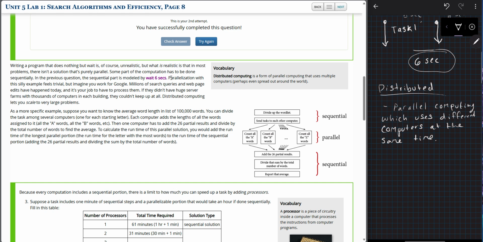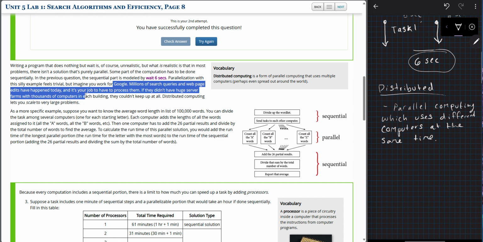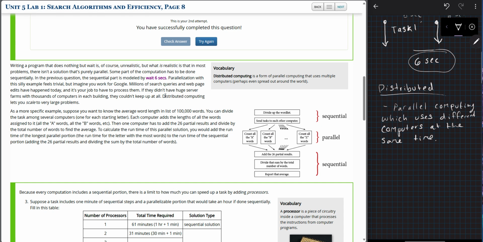Like this says right here, parallelization with our example is trivial, right? But for example, for Google, millions of search queries and web page edits have happened today, and it's your job to process them. If they didn't have huge server farms with thousands of computers in each building, they wouldn't be able to keep up. So distributed computing lets you scale to very large problems. So this is very helpful for super complicated large problems where you need a lot of processes running at the same time.